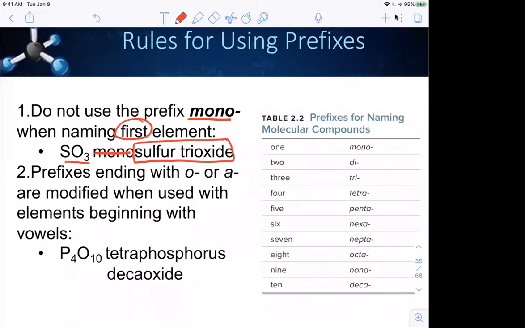When prefixes end with a vowel, either an O or an A, I'm going to modify the words that come together when the element that comes after it begins with a vowel. So this is tetraphosphorus decaoxide. What I'm going to do is get rid of that, and really it's going to be decoxide.